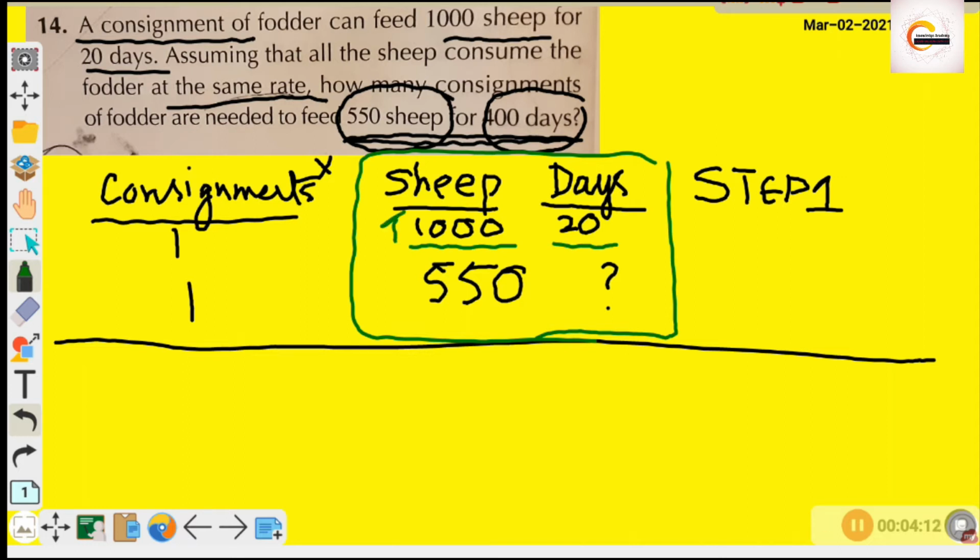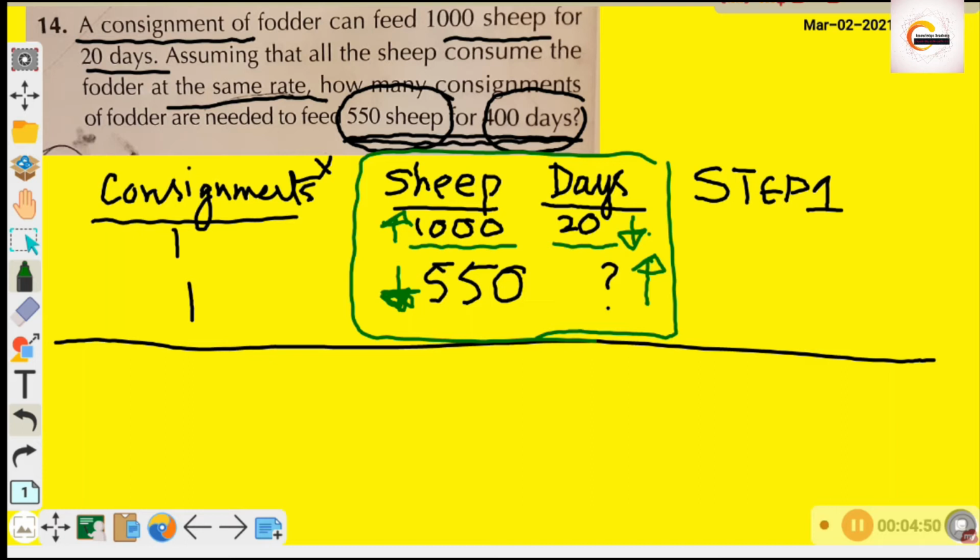And if we have less sheep, so I'm going to write down over here, more sheep will consume in less days, then less sheep, if we have less sheep, then they will consume in obviously more days. We have discussed this in the previous question, the relationship of inverse proportion and direct proportion, how to figure it out.